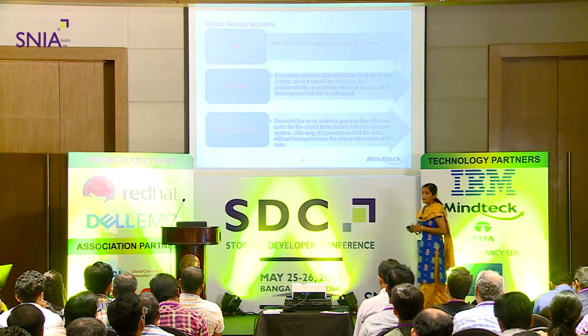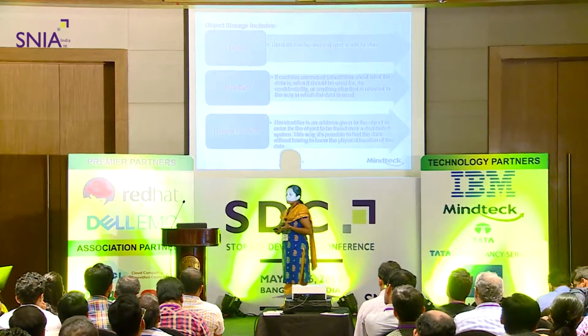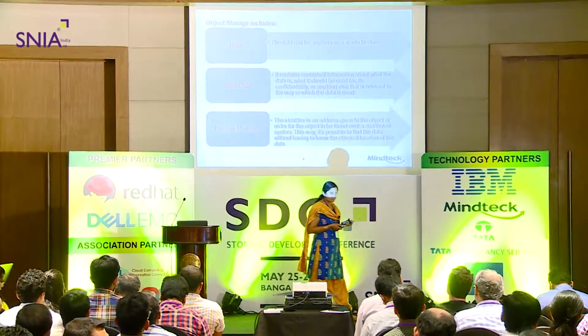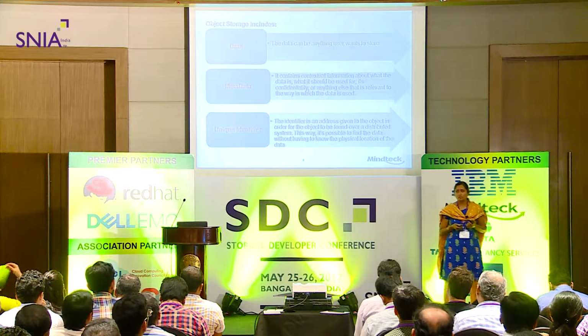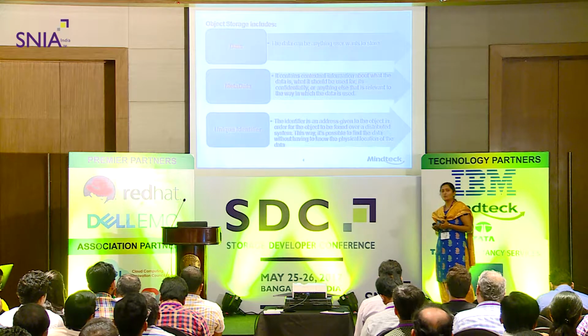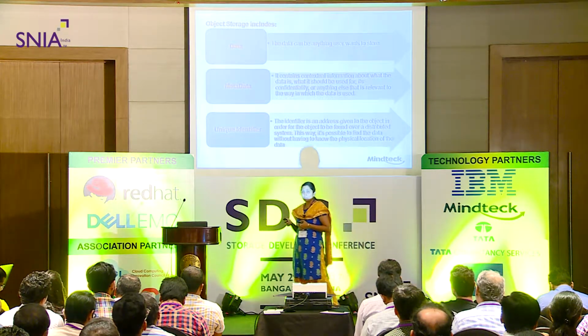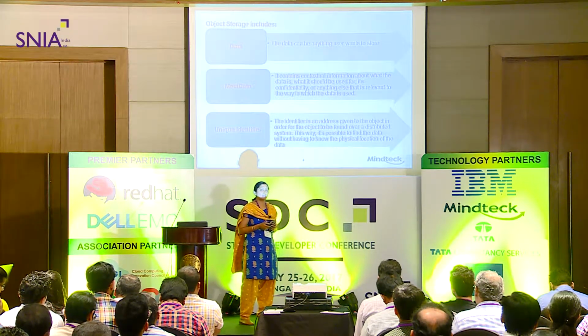For example, if I want to store a song, I can say, okay, I need artist, I need the song title, I need the duration. So whatever relevant information you would like to store about the data, you can add it in the metadata.